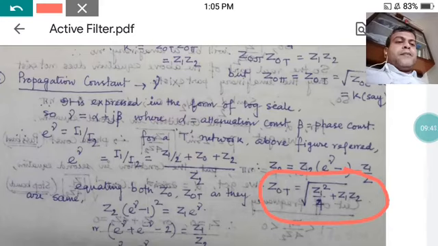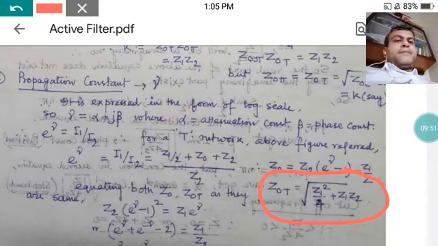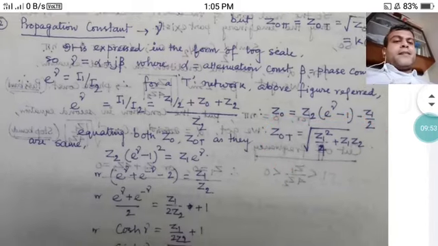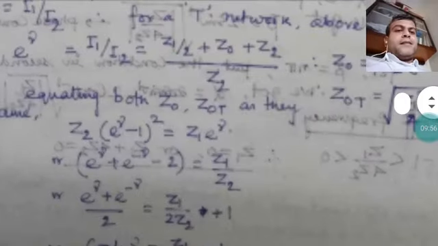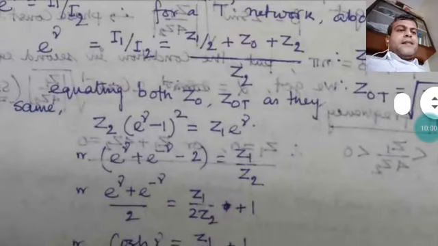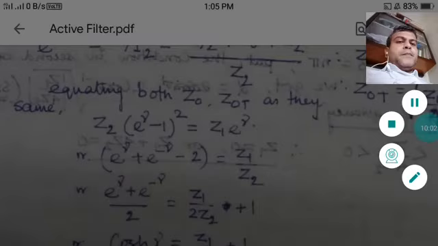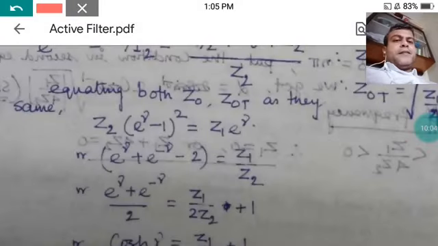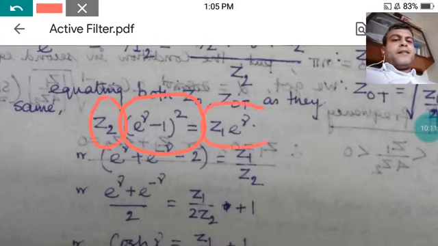So this particular one equals Z1 into e to the power gamma. Just placing this value, finally we are getting this equation, as you can see: e to the power gamma minus 1, that square, if multiplied with that Z2, you will get Z1 of e to the power gamma.